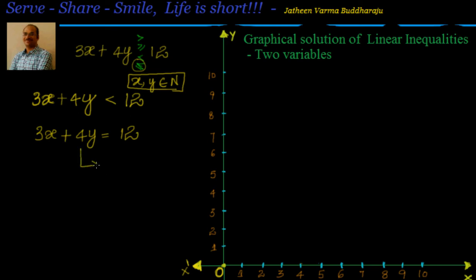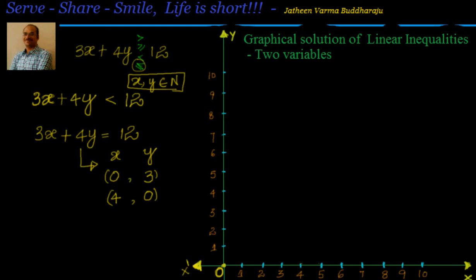How to draw this straight line? You take different x and y values; we need two points to join the straight line. If I take x equal to 0, then 4y equal to 12, so y equal to 3. If I take y equal to 0, 3x equal to 12, so 4 comma 0 is one solution, and another is 0 comma 3.